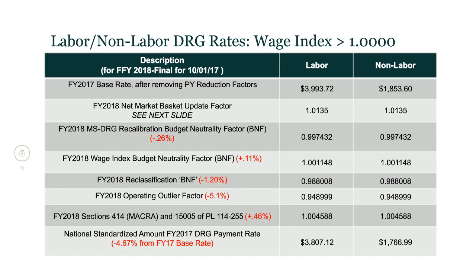We also have adjustments for MACRA this year, and so from our previous base rate to the current year, you can see that we have about 4.7% that's being taken away for other areas that Medicare is either paying for or adjusting for.